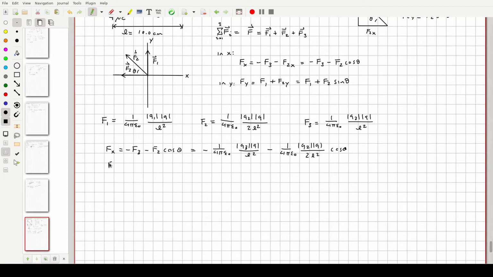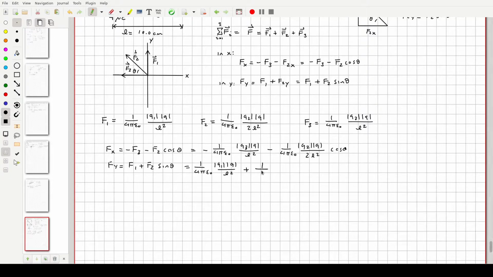Now, Fy is F1 plus F2 sine of theta. F1 is 1 over 4 pi epsilon naught Q1 Q over L squared.